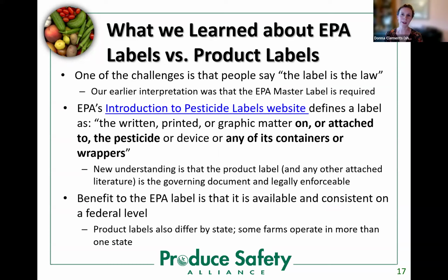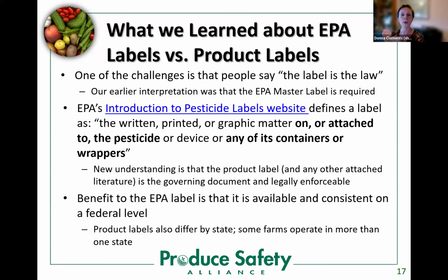So one of the things that we learned is we have always said the label is the law. Our earlier interpretation of that statement is that the EPA master label is required, right? Because we say you should have an EPA labeled sanitizer, and it's the EPA master label that lists those uses.